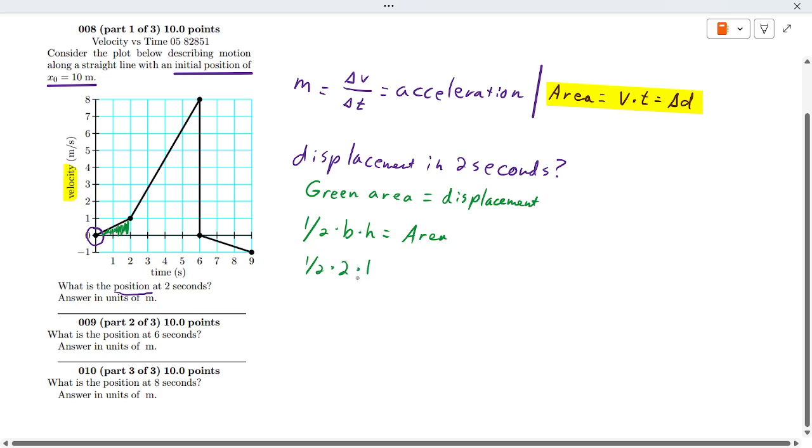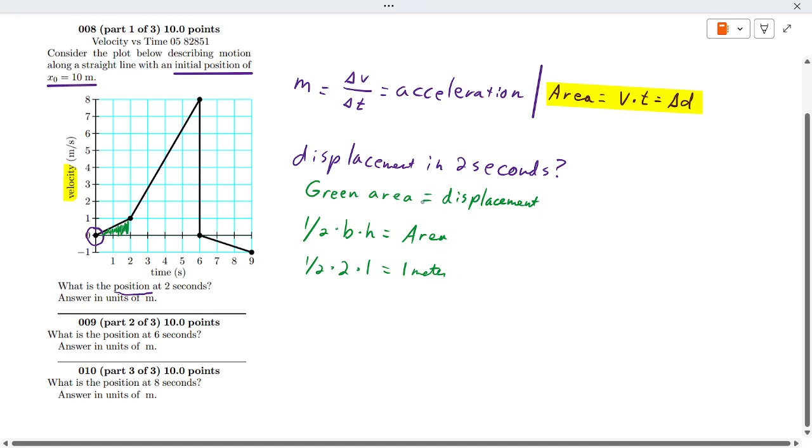So 1/2 times 2 times 1 equals our area. 1/2 times 2 is 1, and then times 1 is 1. So the item has been displaced 1 meter.